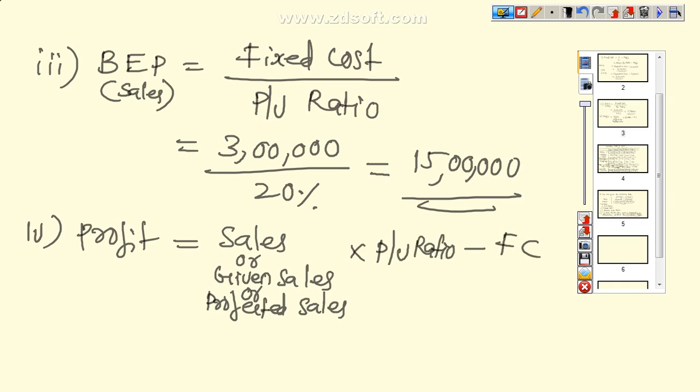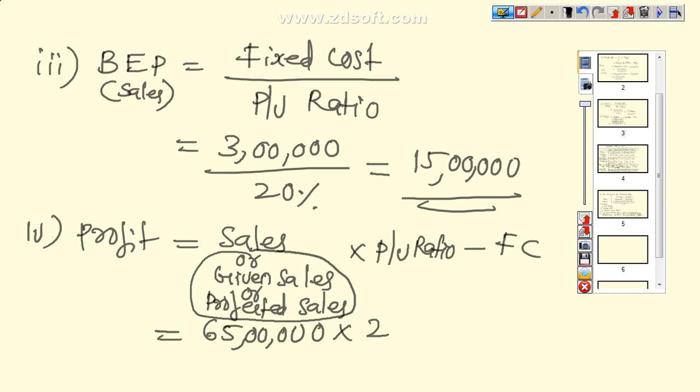Here we don't consider the previous sale. The projected sale is 65 lakh multiplied by the PV ratio of 20% minus fixed cost of 3 lakh, that is equal to 10 lakh. This is our answer.